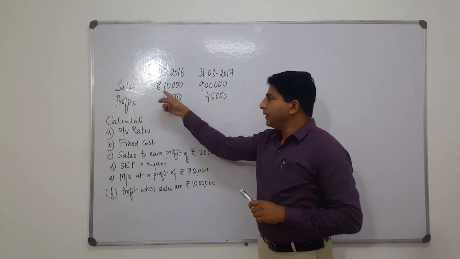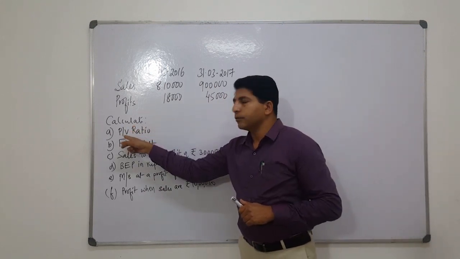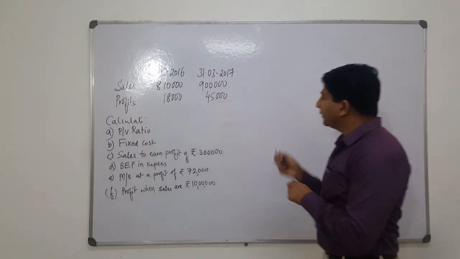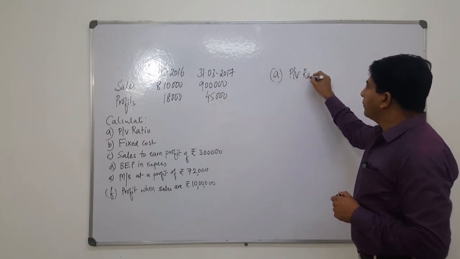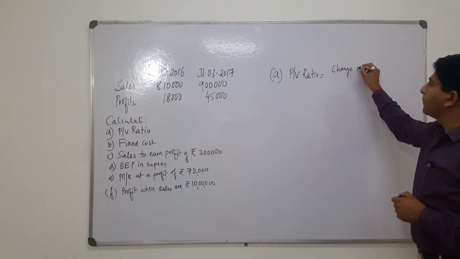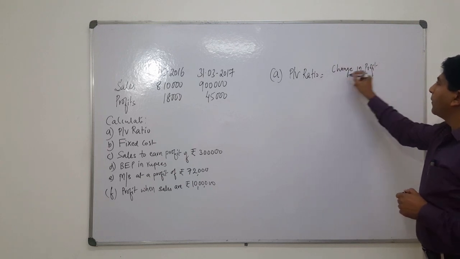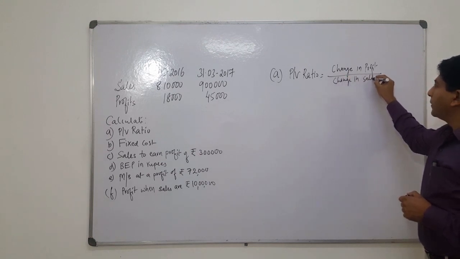In this question, the sales and profits of 2 years are given, and the question is asked to calculate PV ratio. Let us calculate the PV ratio. So PV ratio is equal to change in profit divided by change in sales.